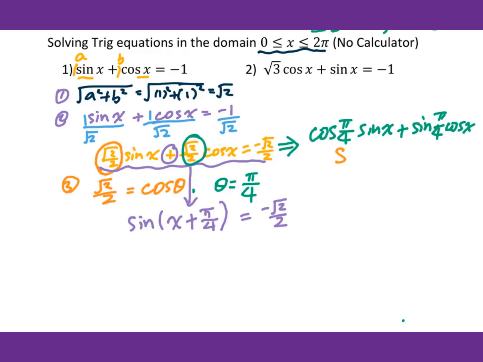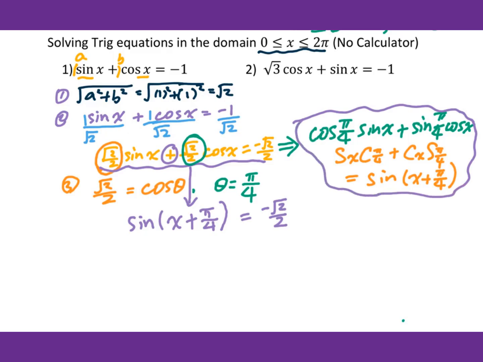And we can do sin x cosine pi over 4 plus cosine x sin pi over 4. SCCS, that's how you get sin of x plus pi over 4. You don't have to show this work. You just remember this rule.